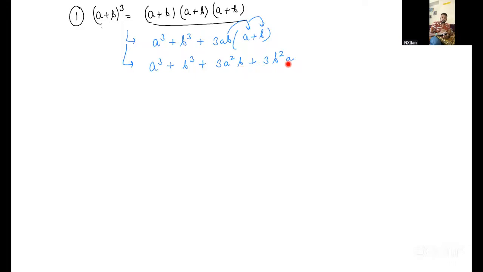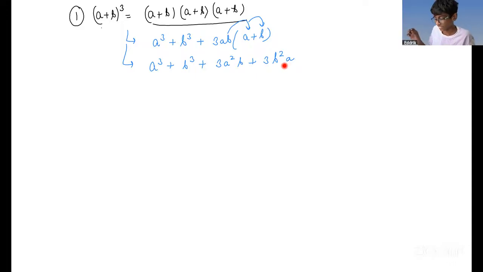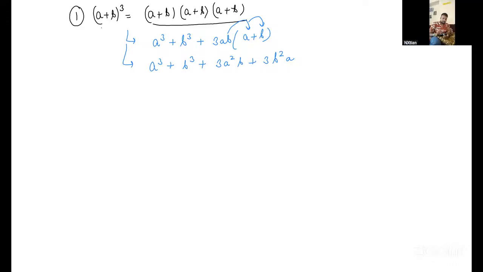Understood? Yes or no? Yes, sir. Okay. So now, for example, if I write a minus b whole cube, what's the identity? The first identity is a cube plus b cube minus 3ab into a minus b, and the second identity will be a cube plus b cube.